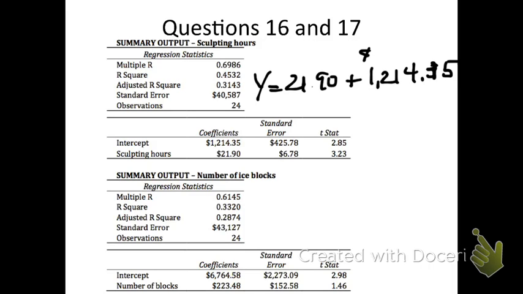Plugging in the information that we have, if we choose sculpting hours as our best cost driver, then what we're plugging in here for question number 16 is 12,300 sculpting hours.